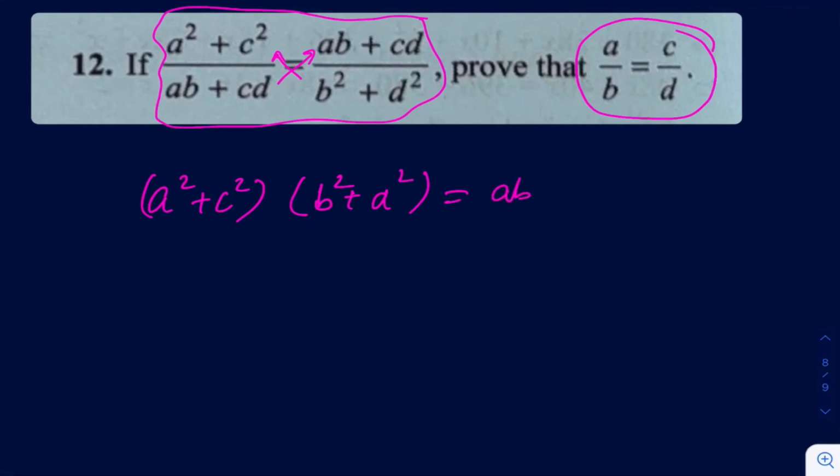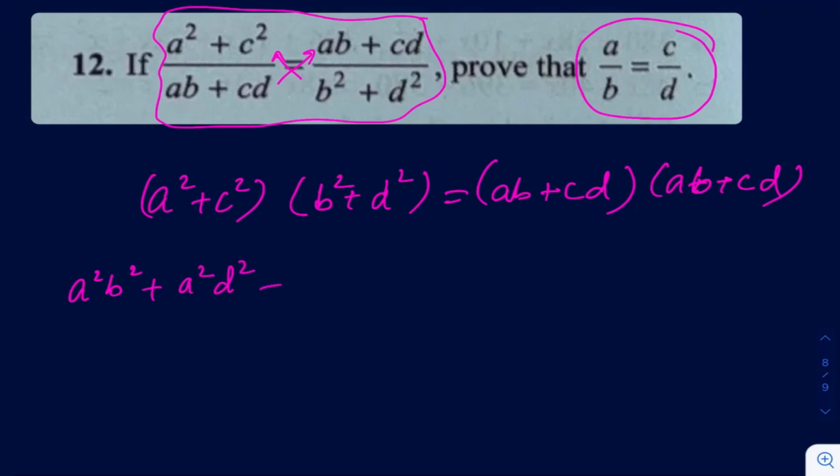So (AB plus CD) and (AB plus CD). So it's coming A square B square, A square D square, C square B square, C square D square equals (AB plus CD) whole square.